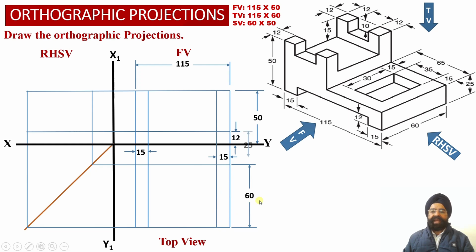Next, corresponding to this element number 1, that is this horizontal web, we have the height of this horizontal web equal to 25 millimeter.